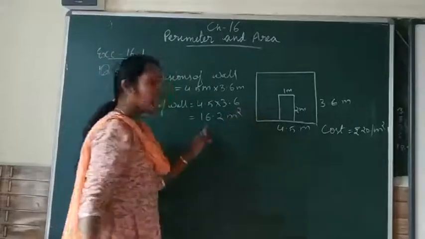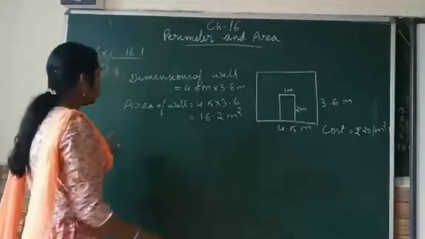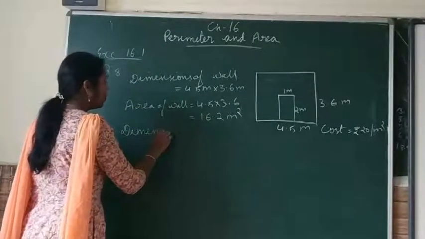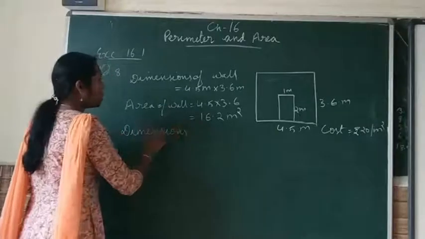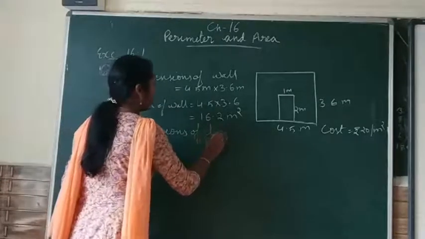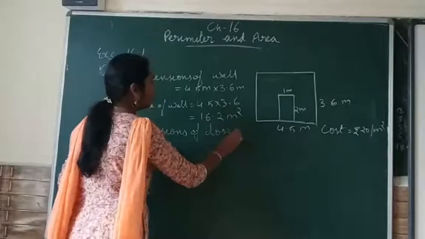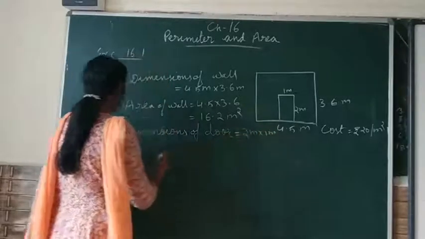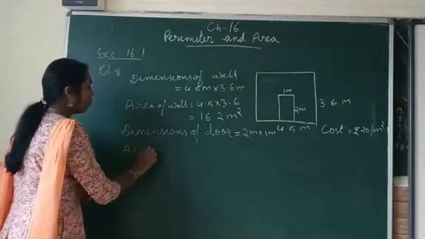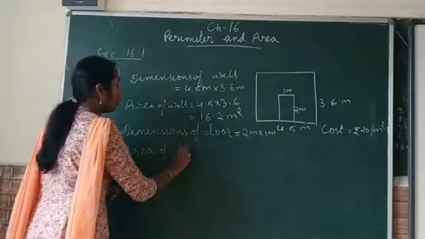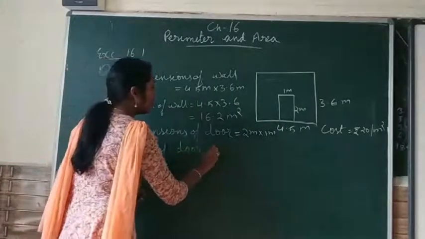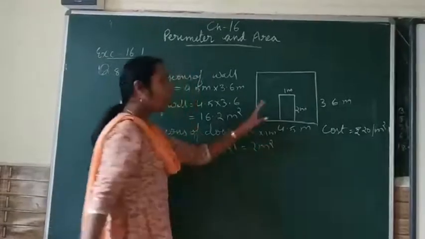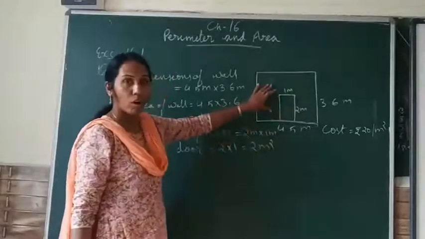So this is the area of the wall. Now what are the dimensions of the door? Dimensions of door is equal to 2 meter by 1 meter. So we can write area of door is equal to 2 into 1 equal to 2 meter square. So we have got both the areas, area of the wall and area of the door.